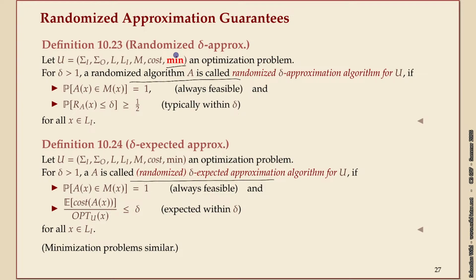So the definition has to be a minimization problem so that delta is greater than 1. And it used to be maximization. There was really only one way to read the definitions so that they made sense. But certainly what was on the slides previously wasn't the right one.